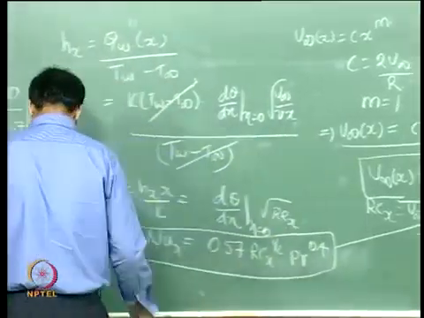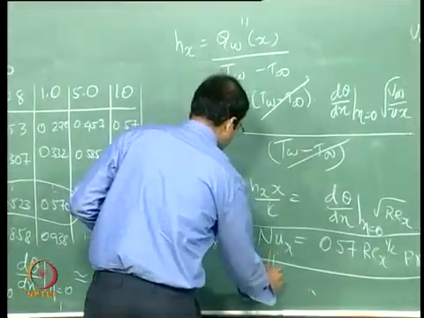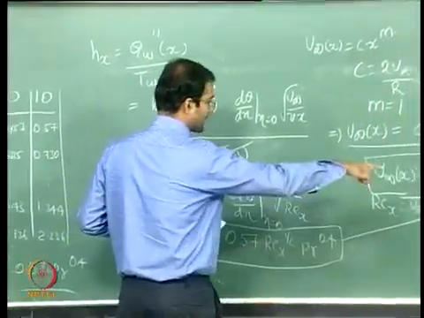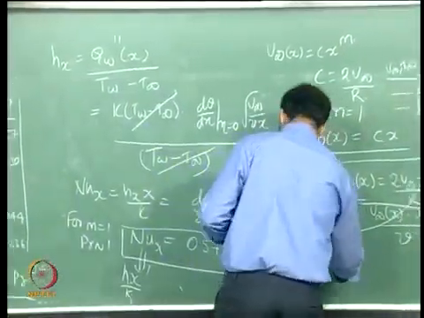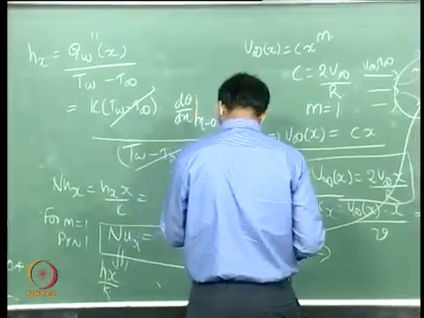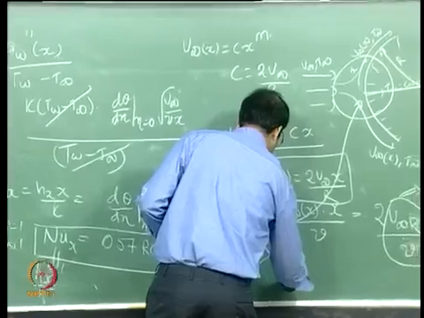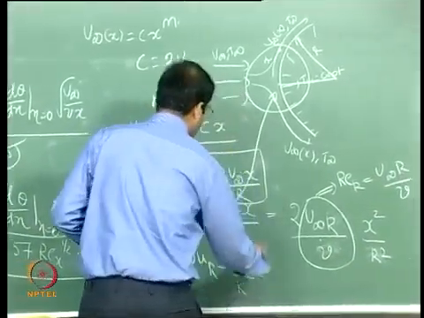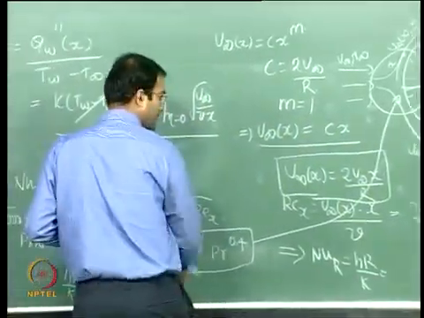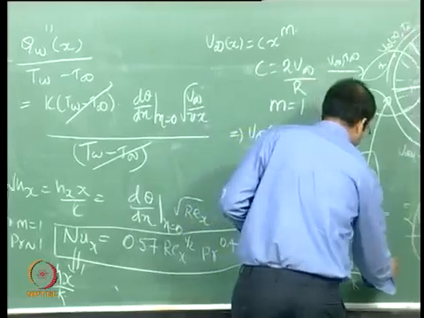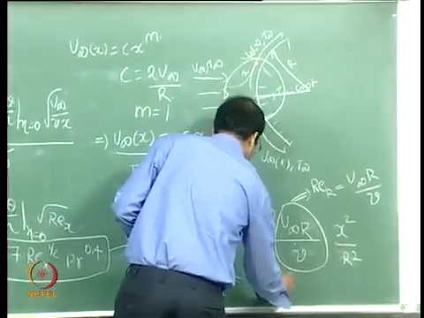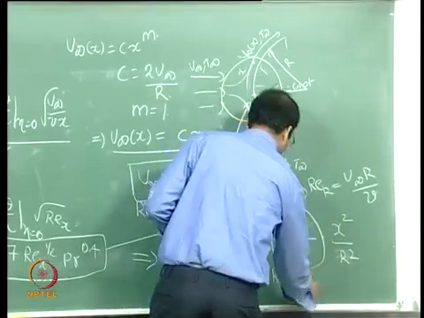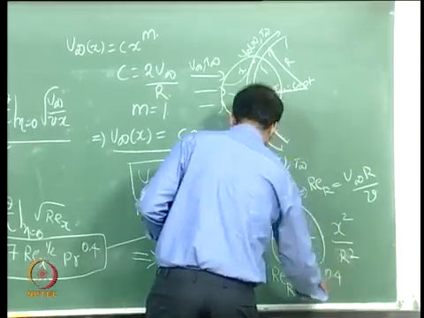Therefore if you substitute, your Nu_x is also h x by k. If you substitute for Re_x from there, you can finally write Nu in terms of the radius, which is nothing but h r by k. You have a 2 square root of 2 which comes out and multiplies with 0.57, that becomes 0.81, and this will be Re_r to the power half and your Prandtl number to the power 0.4.